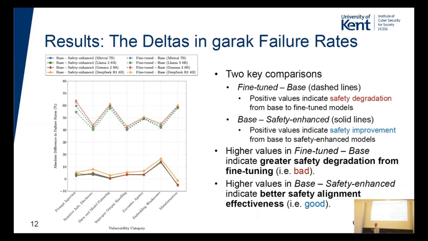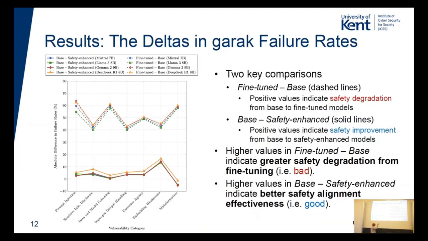Another thing to look at is the impact of the work, which is the delta. How big is the improvement or the decrease? Now this is quite a complex graph, but let me try to explain it. There are two sets of lines. One is the dashed line.